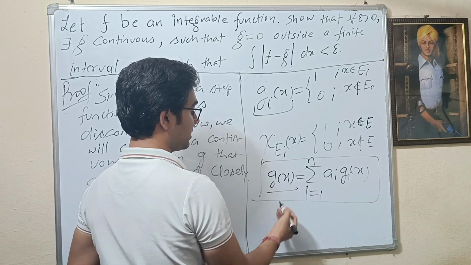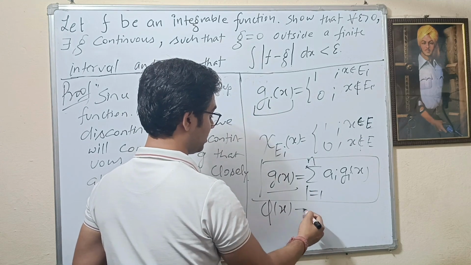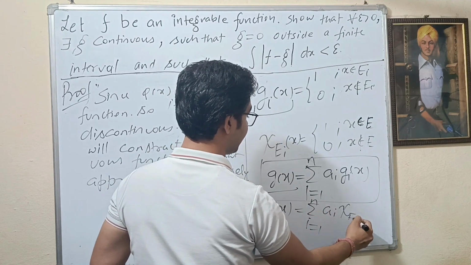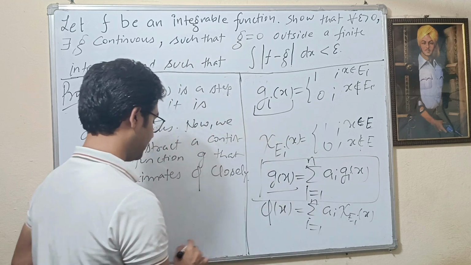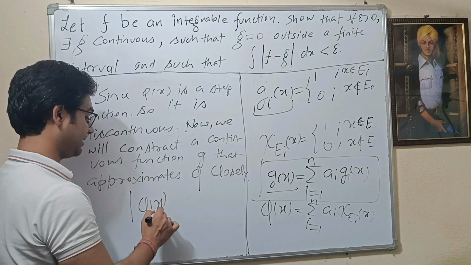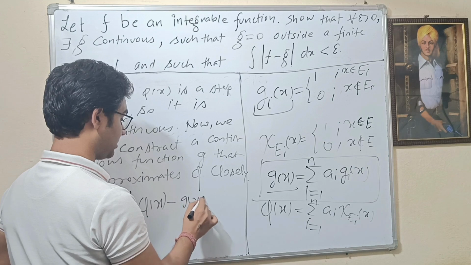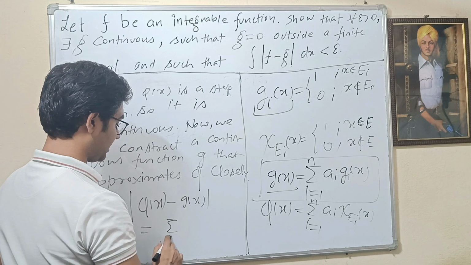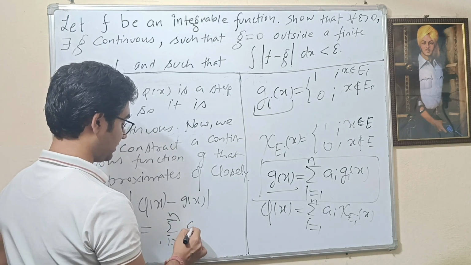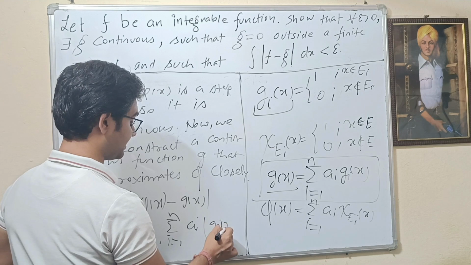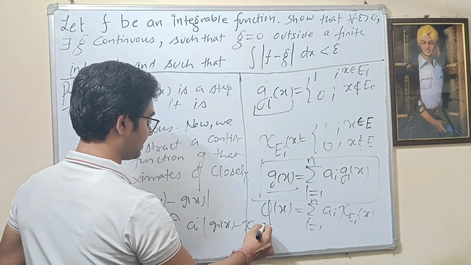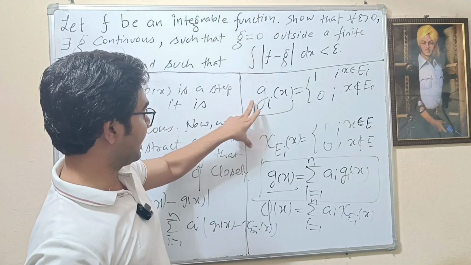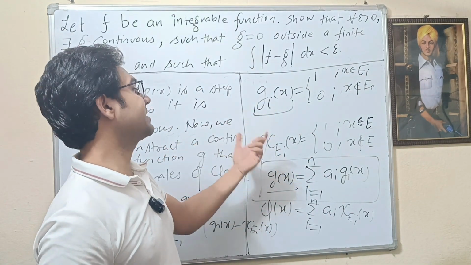And what is phi(x)? Phi(x) is the sum, i from 1 to n, a_i chi_{E_i}(x). Then phi(x) minus g(x) is what? It will be the summation, i from 1 to n, a_i times (g_i(x) minus chi_{E_i}(x)). Inside E_i, g_i(x) and chi_{E_i}(x) are the same.